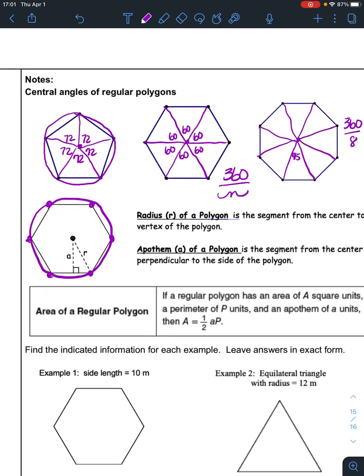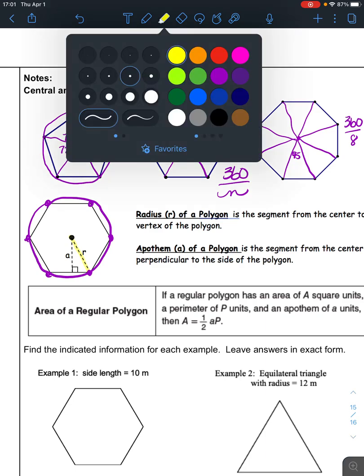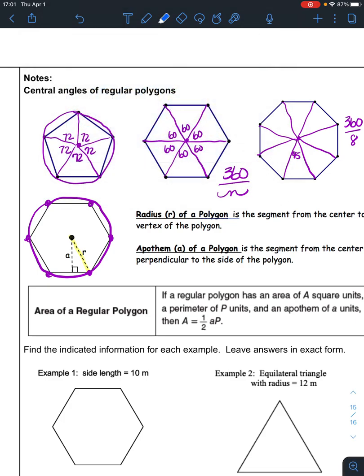So we have some pieces of this hexagon that are important. One is called the radius. The radius goes from the center to the vertex. Notice that it goes to the vertex of the hexagon, but it also touches the circle because the hexagon is on the circle. So since it's the radius of the circle, it's also called the radius of the polygon.